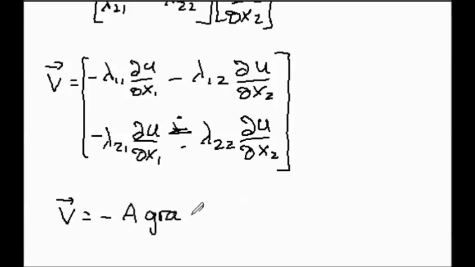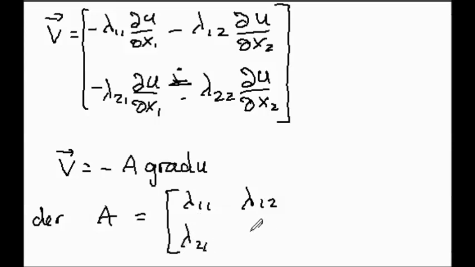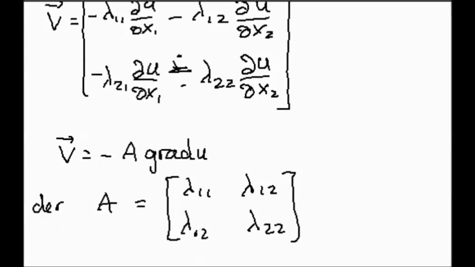A matrix A, 2 times 2 matrix, which takes the following form. Note that these two off-diagonal elements always are the same. It turns out that the matrix A is a symmetric matrix, so we can write it like this.